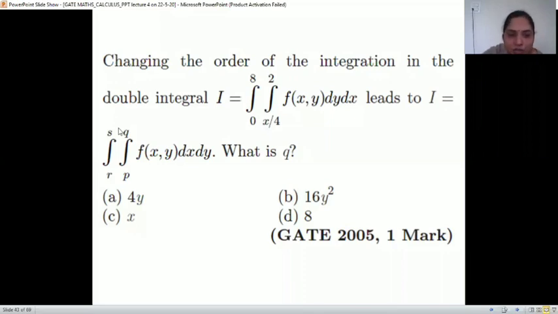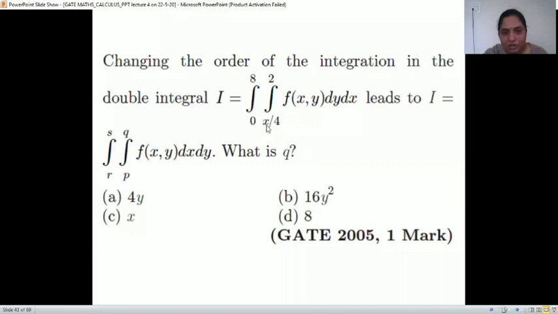Can you tell me what are these limits? These are limits of y. As these are functions of x, this is the limit of y and this is the limit of x. It is not given to you, so you have to decide what these limits are. So these are limits of y and these are limits of x.